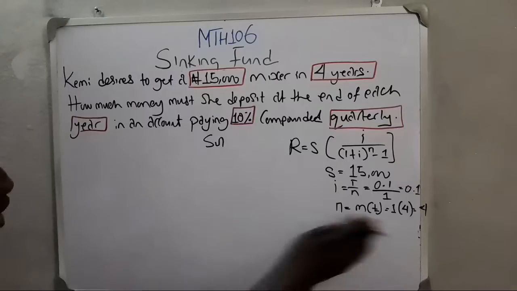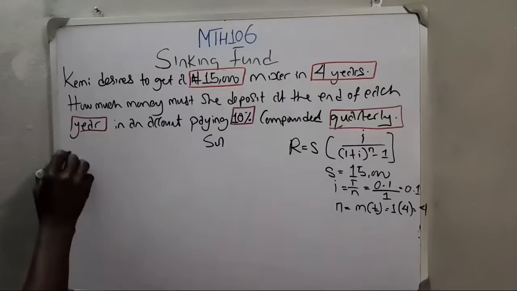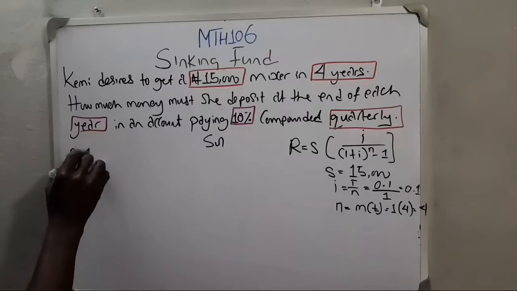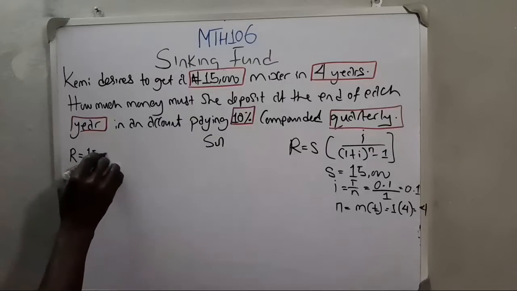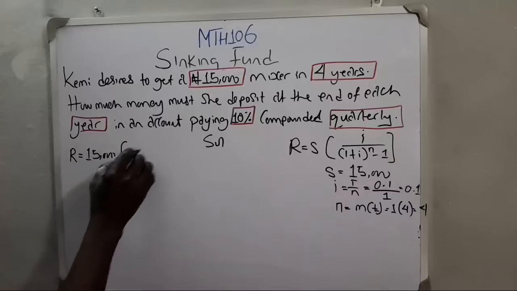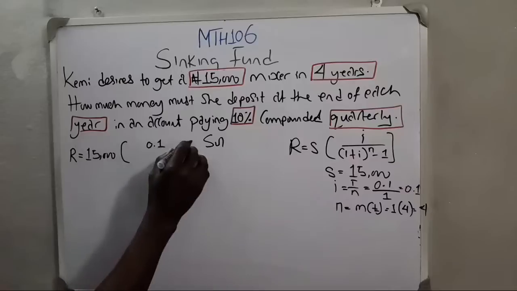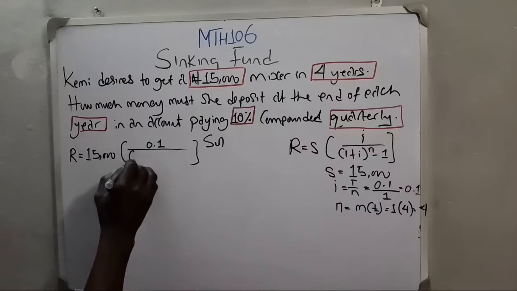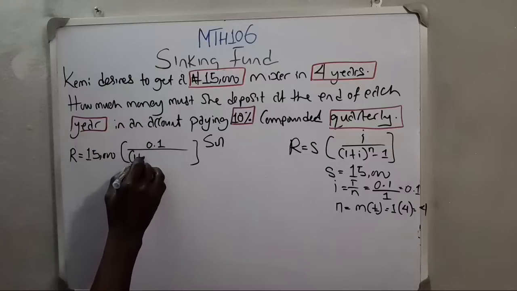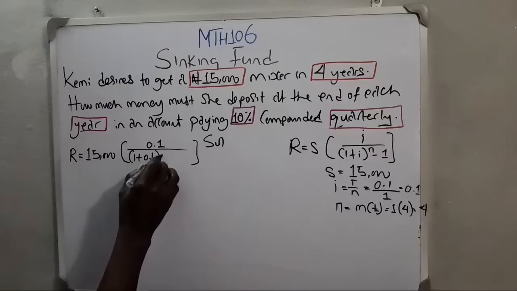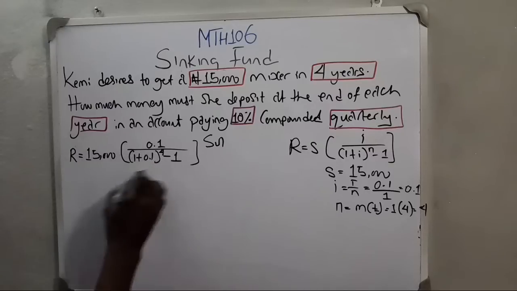So we have R equals 15,000 into bracket 0.1, close this bracket, so we have into bracket 1 plus 0.1, close bracket, raised to the power of 4 minus 1.